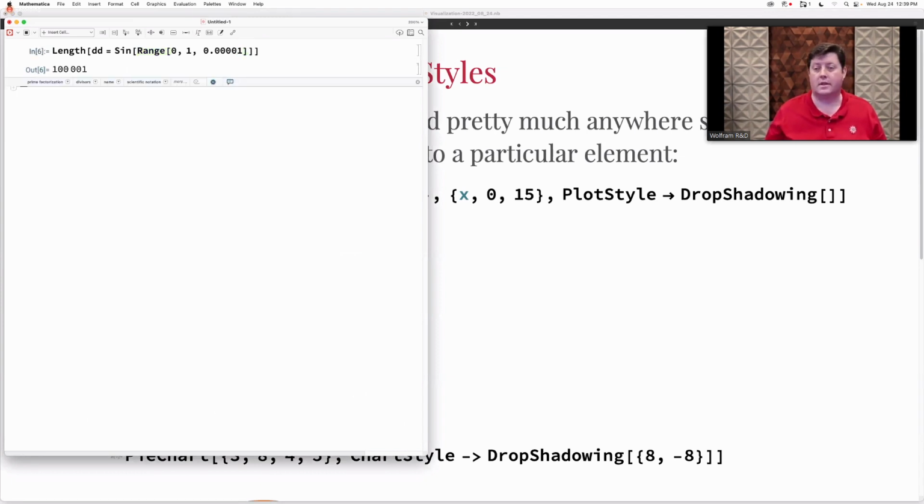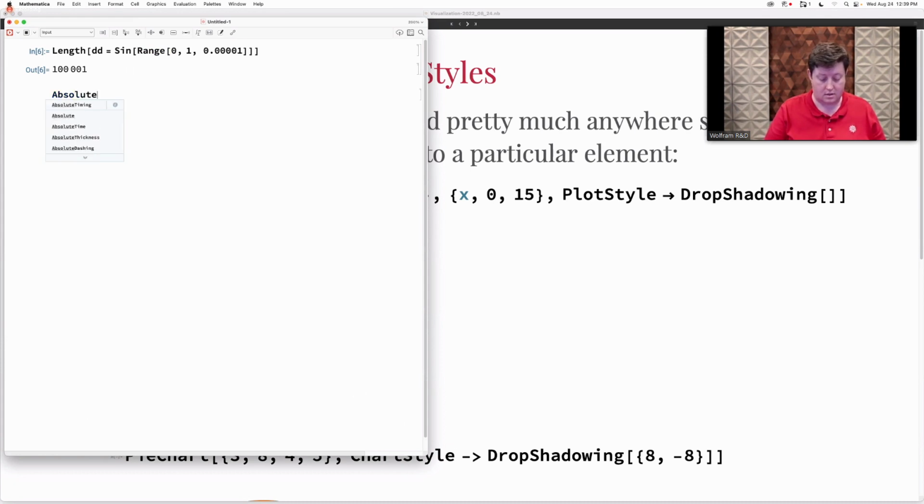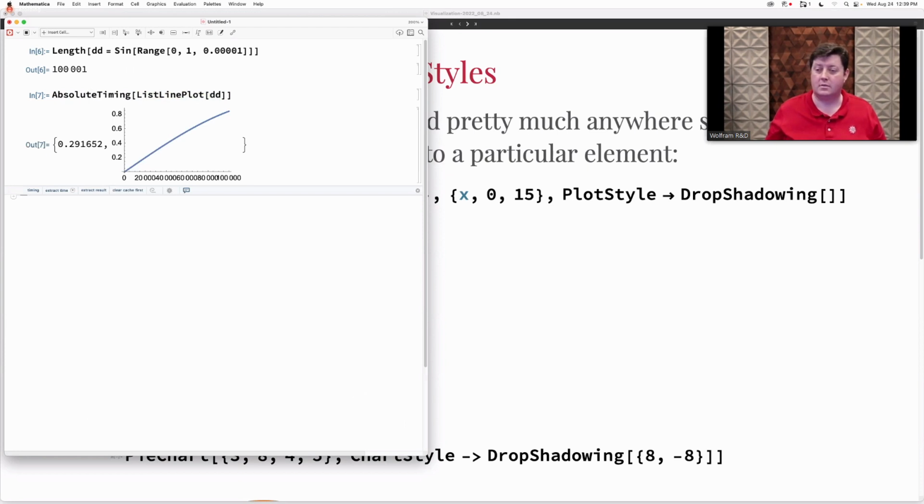10,000, let's do 100,000. Okay, so that took a little bit of time. I'm just going to do it again just to make sure that we didn't have any initialization stuff happening.